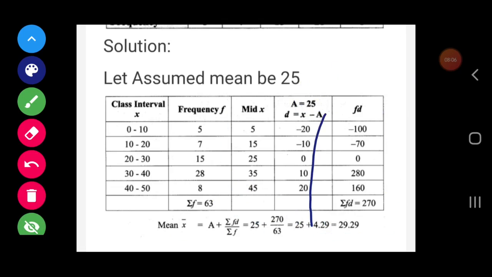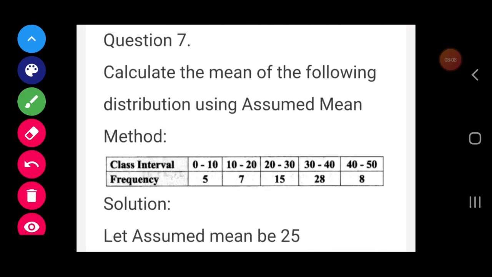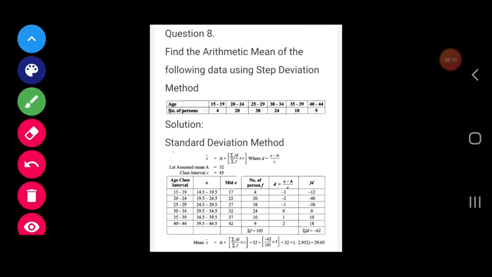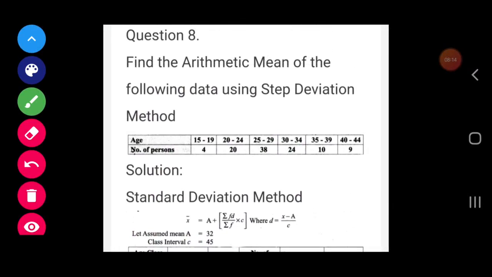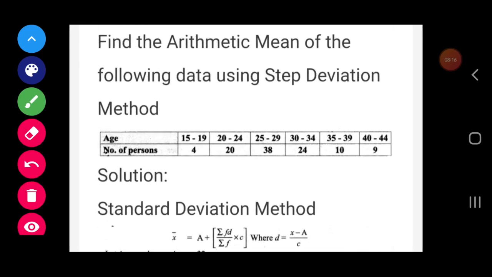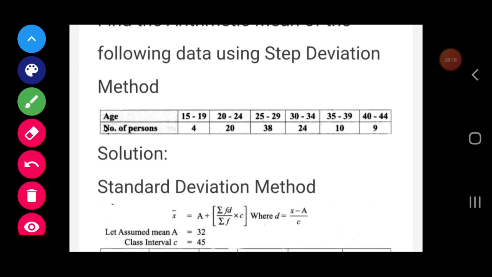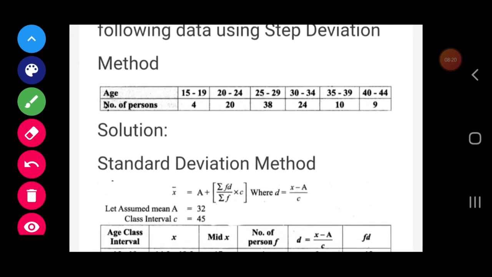Hope you are clear. Next, question number 8. Find the arithmetic mean of the following data by using the step deviation method. The formula is x bar equals a plus summation fd by summation f into c, where d is x minus a by c.